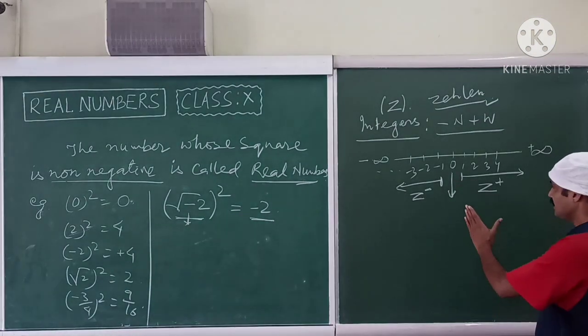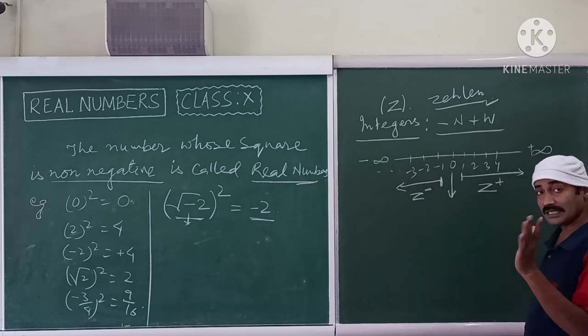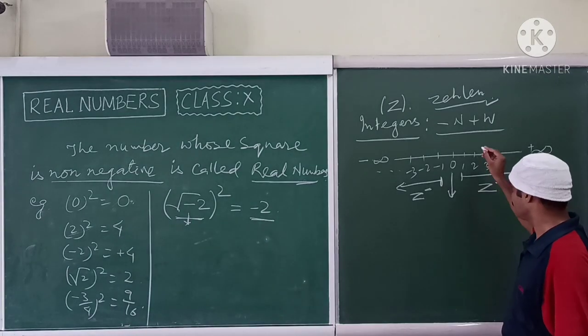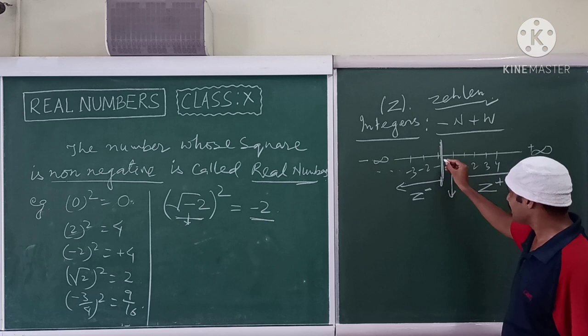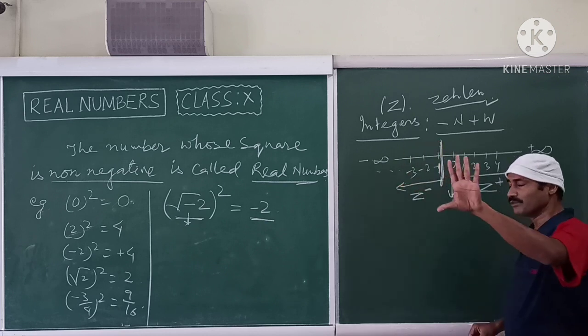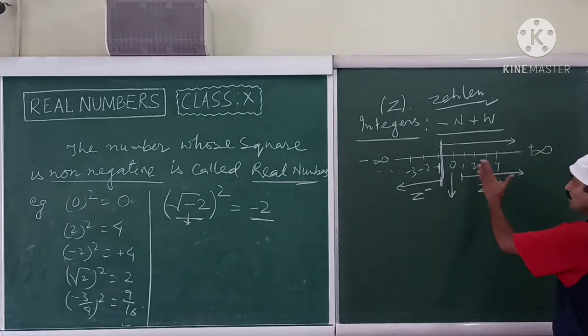But if we say non-negative integers, it means except negative: -1 and backwards are removed, and we get 0 onwards.